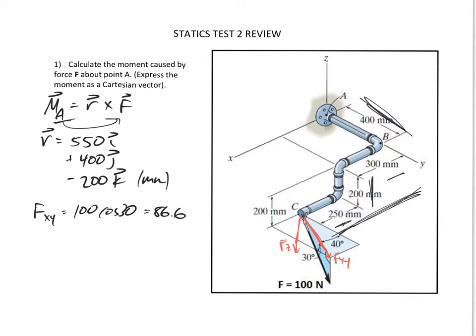And fz would be 100 sine 30, but that's going down, and z is positive up, so fz would be negative 100 sine 30, which is negative 50. All right, so I have my z.